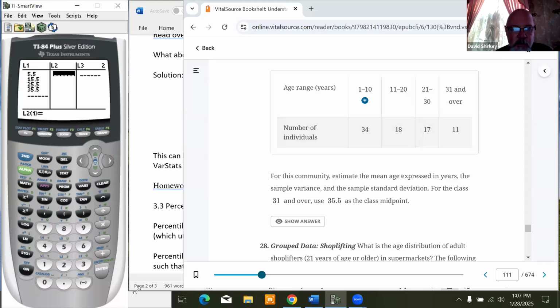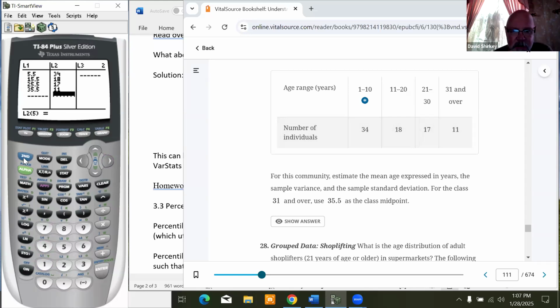All right, now I'm going to right arrow and go to list 2, and I'm going to enter the number of individuals in list 2, pressing enter after each entry. There's 34, press enter, 18, press enter, 17, press enter, 11, hold for it, press enter. All right.